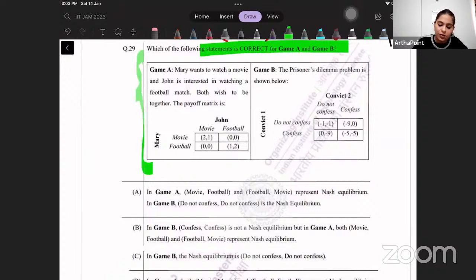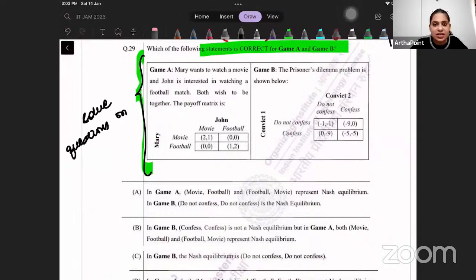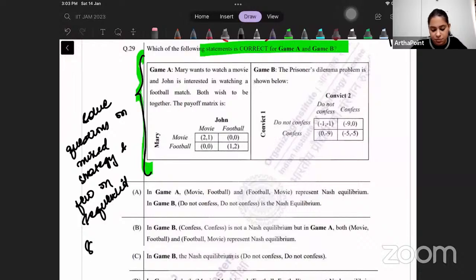So please solve a few questions on mixed strategy equilibrium, since simultaneous games came this time, and a few on sequential games. That's all that remains to be done.